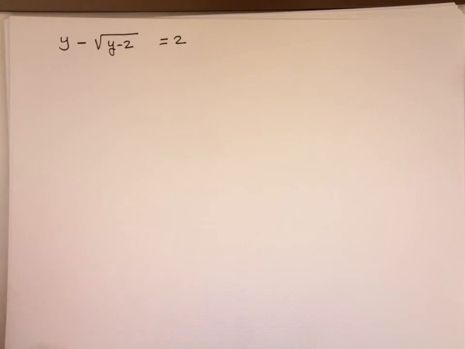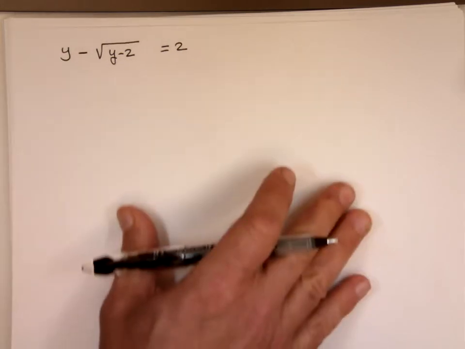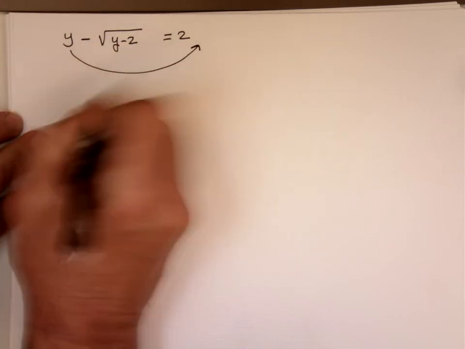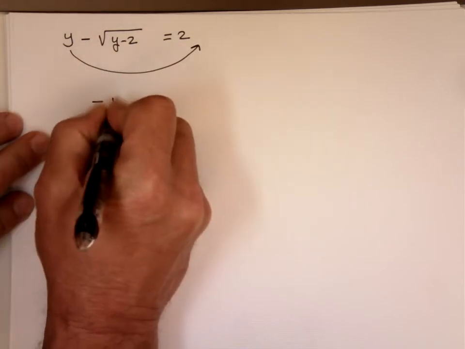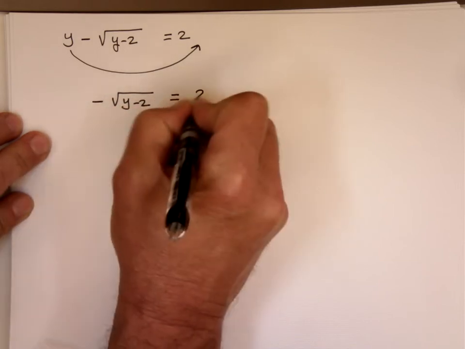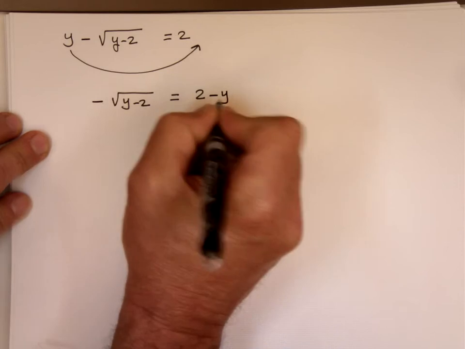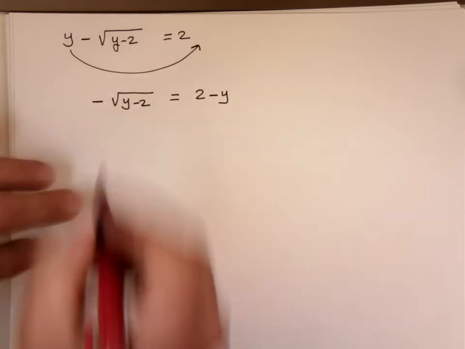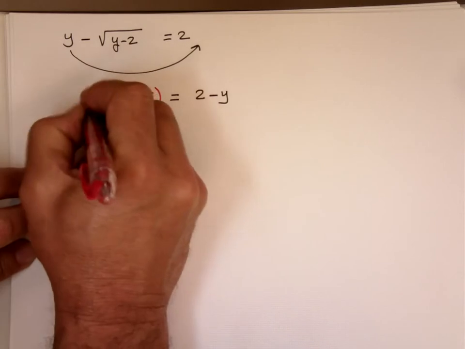I can move the y to that side, make it a negative y. If I do that, I have negative the square root of y minus 2 equals 2 minus y. And once you finish isolating the square root, the next step is to square both sides.